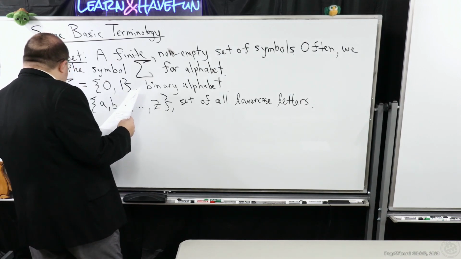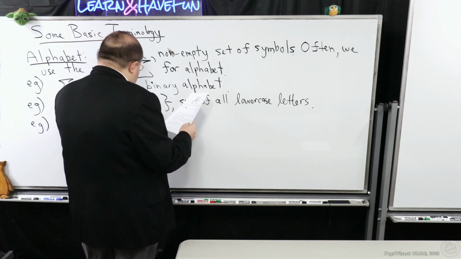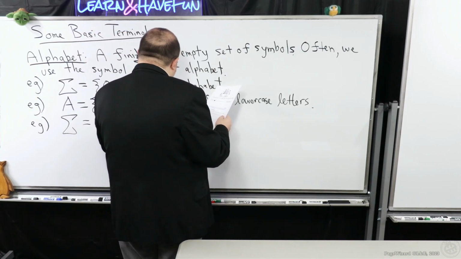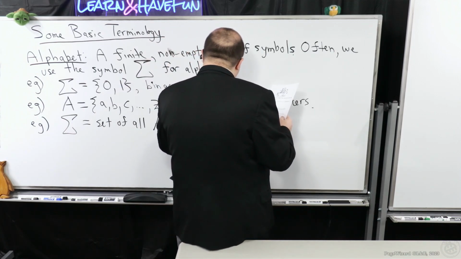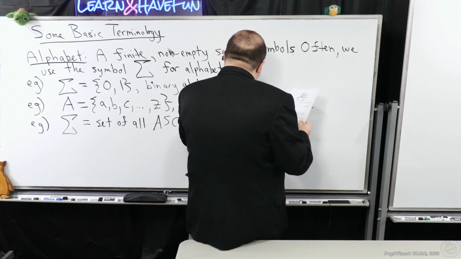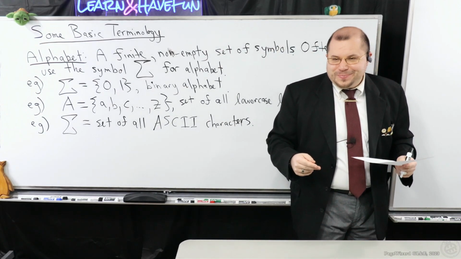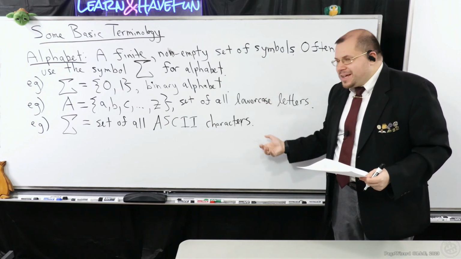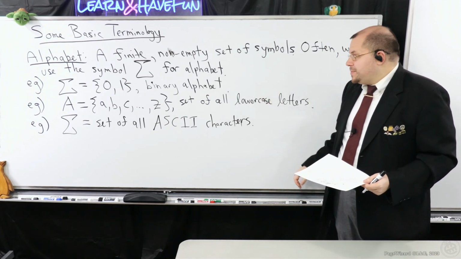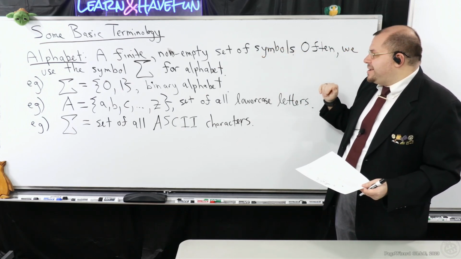You could have it where sigma could just simply be the set of all ASCII characters. So that would be all the characters on your keyboard or symbols. So all of these are examples of alphabets. So the point is just it's some non-empty set of symbols.